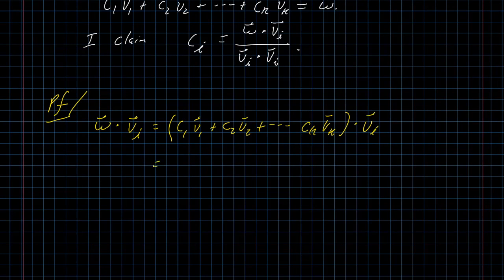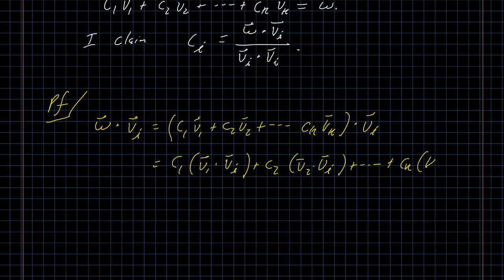I can distribute, and just like in the proof of linear independence, we know that the only multiplication in this that will survive is Ci times Vi dot Vi, right?